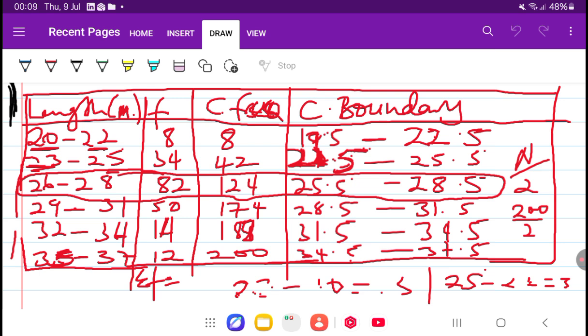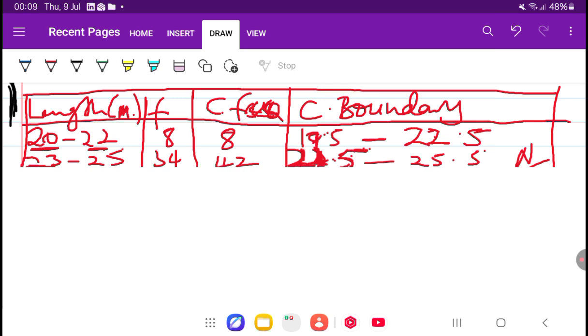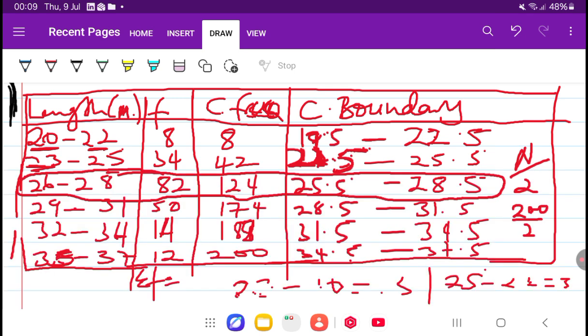So you can see from here that our lower class boundary is this. This is our lower class boundary.